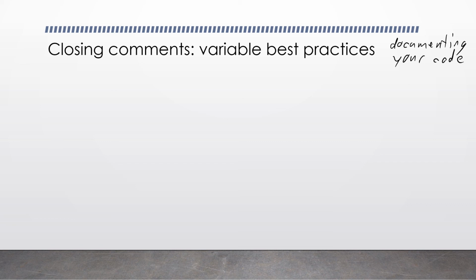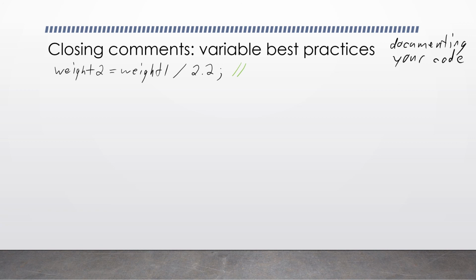If I put in a line, weight 2 equals weight 1 divided by 2.2, you would have no idea what was going on with this. One solution is to add something called a comment. If I put 2 slashes, the compiler ignores everything after that point in the line.